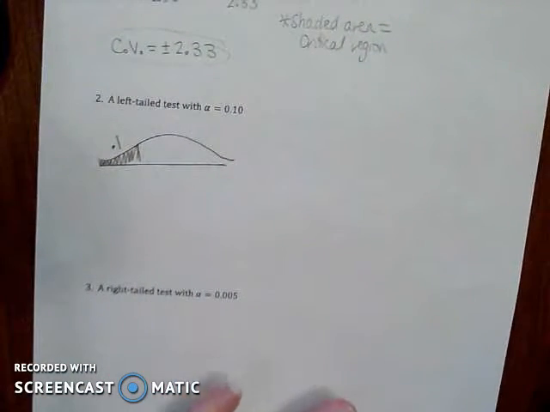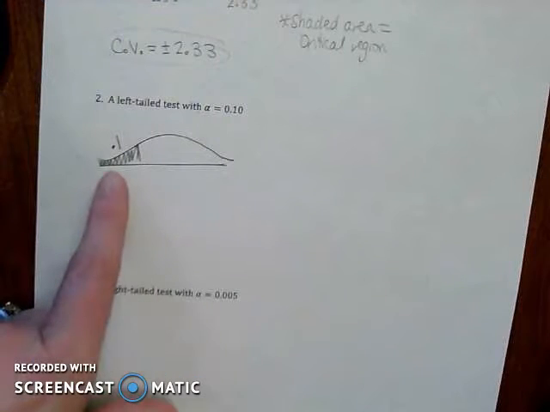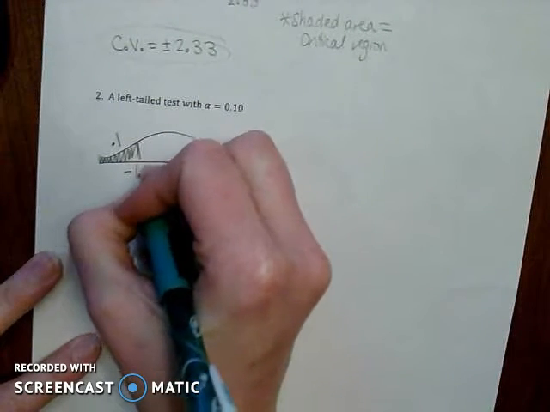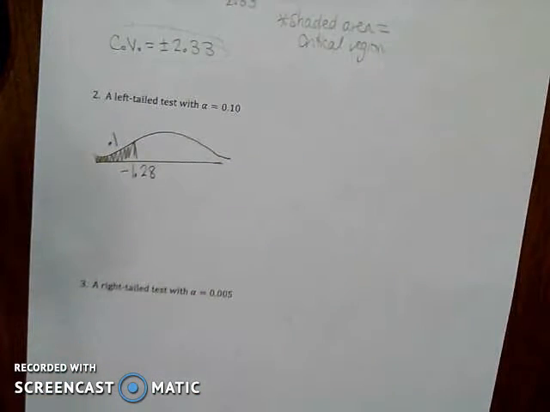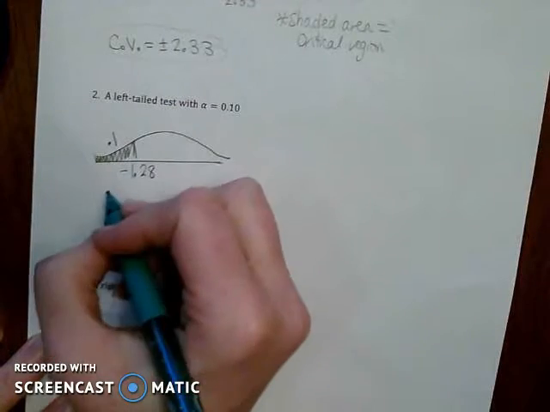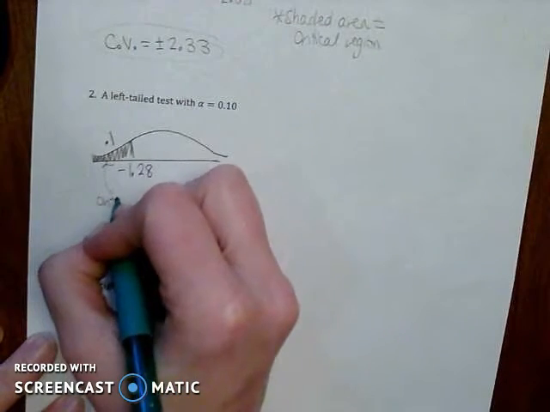This one wants a left-tailed test, so it all goes in the left. You look up in the big part of your chart what's closest to 0.1, and you get negative 1.28. So your critical value is negative 1.28, and that is considered the critical region.